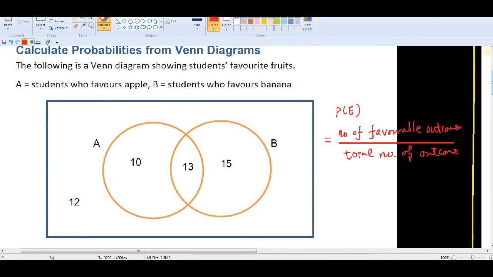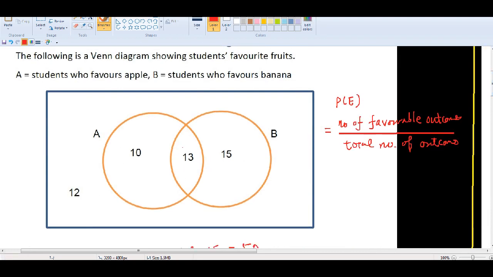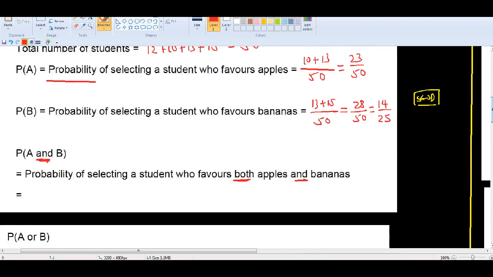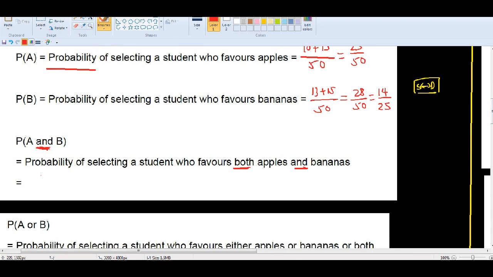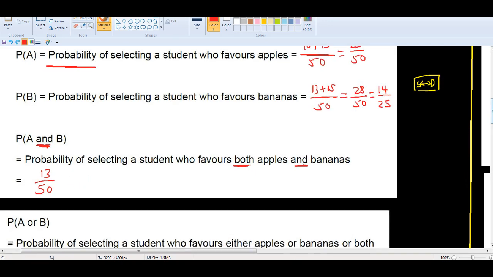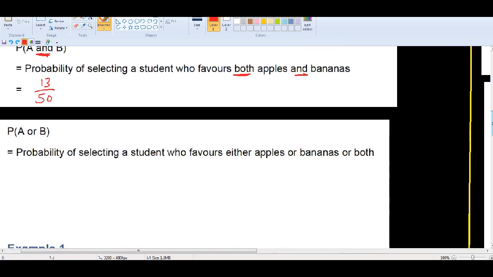How many of them favor apples and bananas? It should be 13, right? So there are 13 of them, but since this is a probability, you need to divide it by 50. This would be the lowest form; we can't simplify any further.